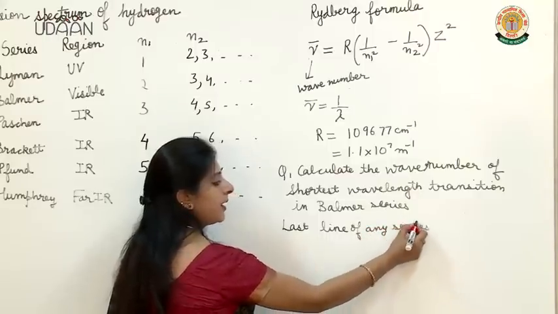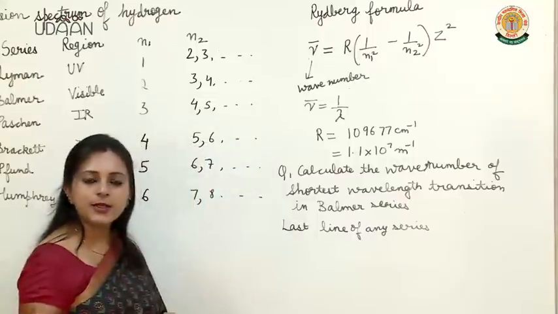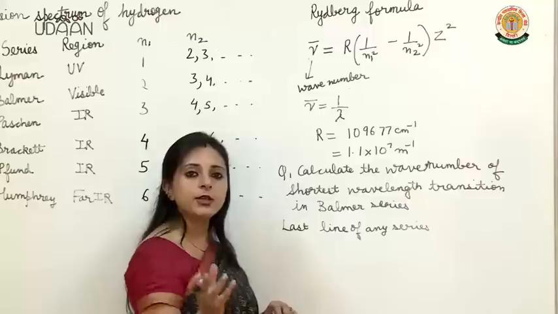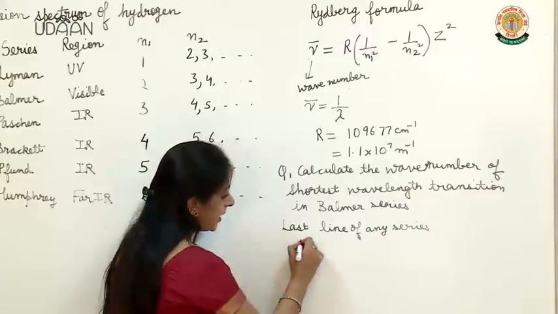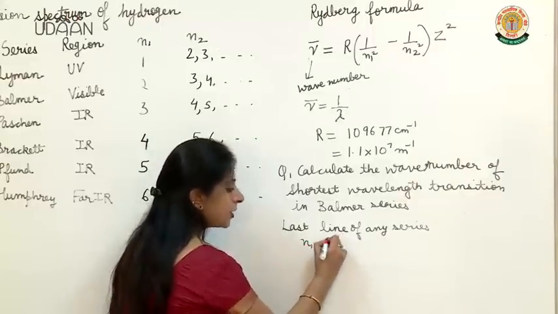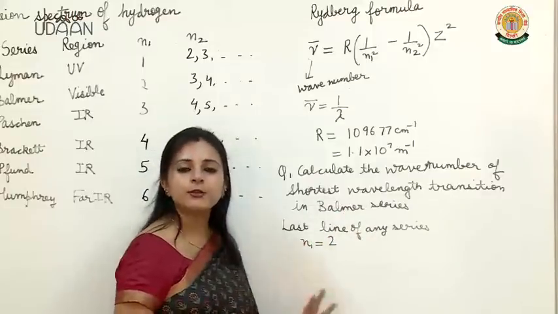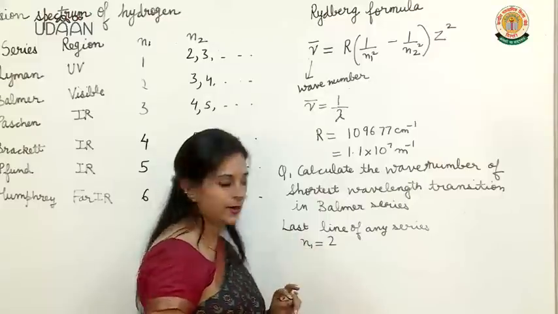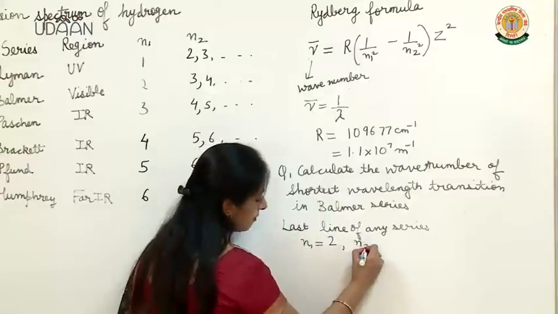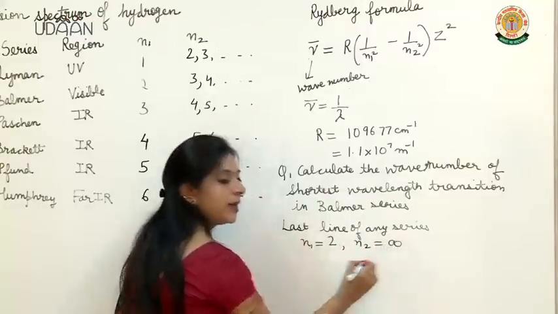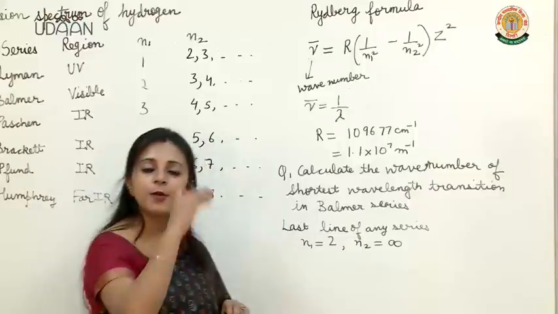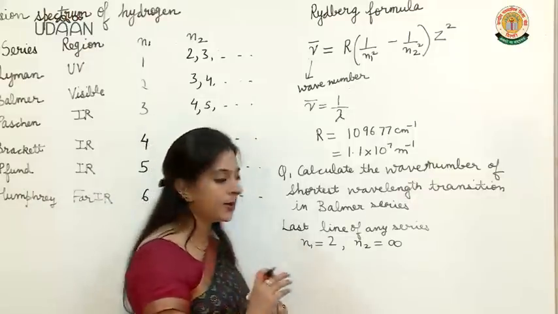Now what will be the last line? For the last line, you have to put the electron into the infinite orbit. What would N1 be? N1 would be 2 because for the Balmer series N1 is fixed. I told you that you have to remember N1 for all the series. And N2 will be infinity for the last line because we are putting the electron in the last orbit.